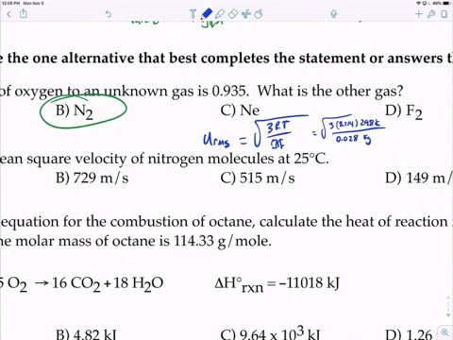Okay, so 3 times 8.314 times 298. And 298 is 25 degrees in Kelvin.